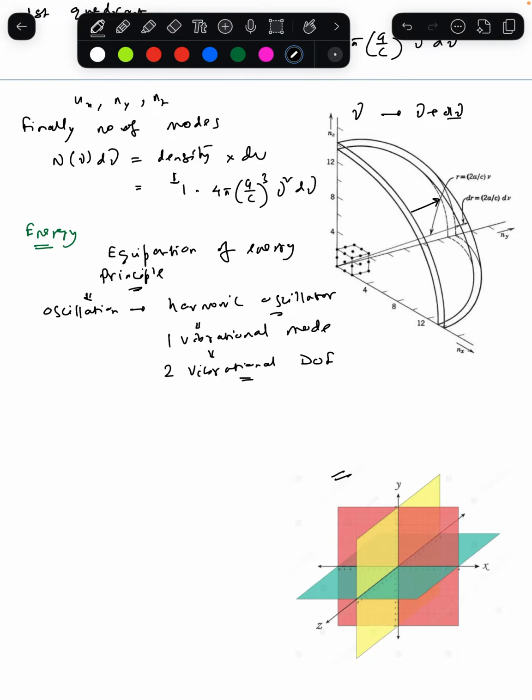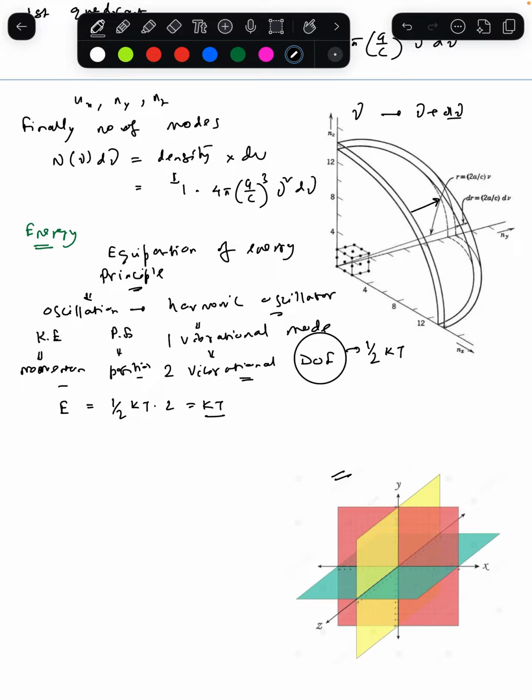Please be careful about that. One comes from the kinetic energy contribution, which is by virtue of momentum. Another is the potential energy contribution, which is by virtue of position. Per degree of freedom, how much energy is distributed? For every DOF, how much energy will be given? Half kT. Since there are 2 degrees of freedom, the energy for one mode will be 1 by 2 kT into 2. So that will become kT.